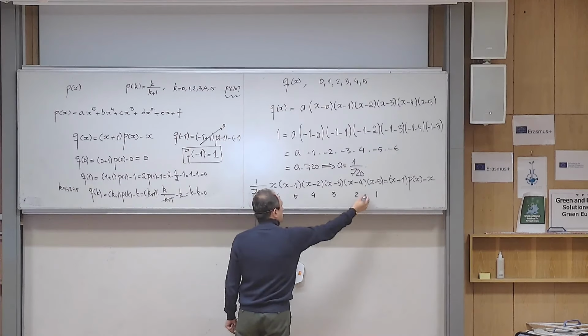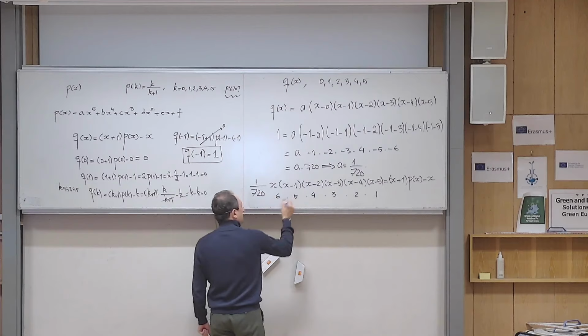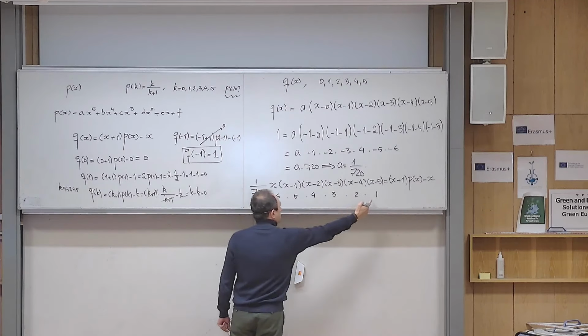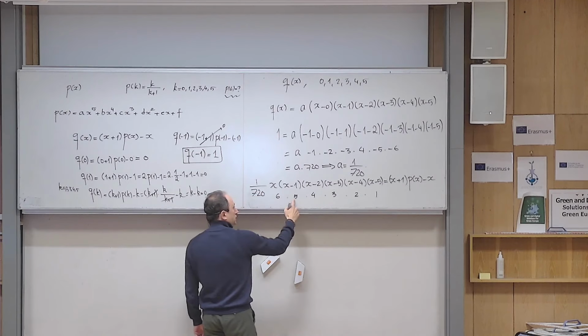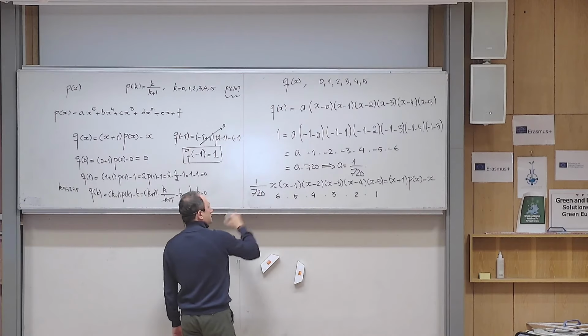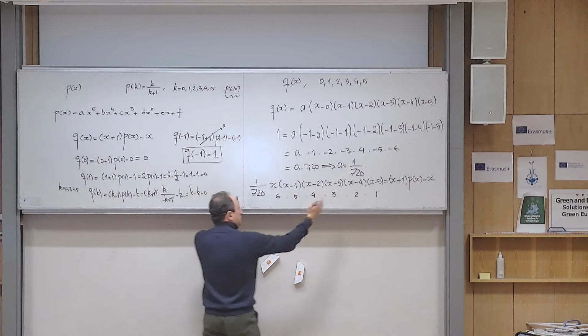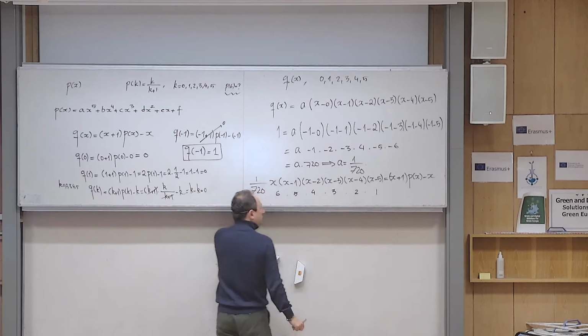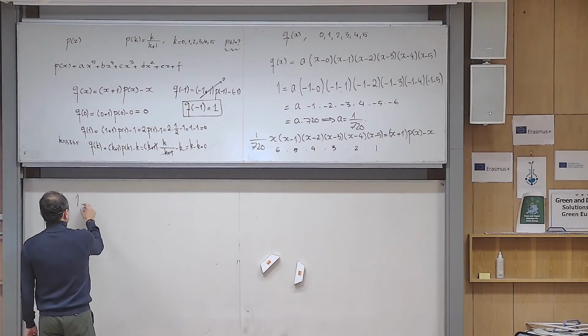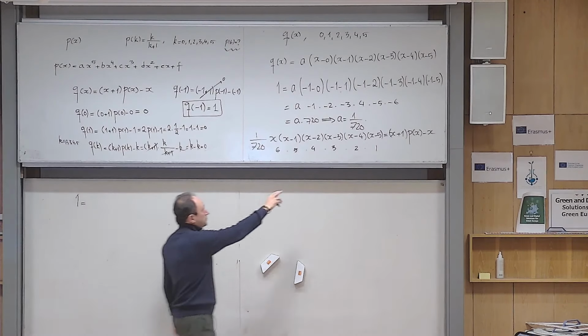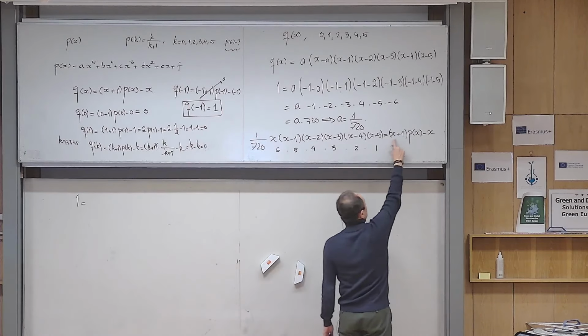So I have to multiply these numbers. 2 times 3 is 6, times 4 is 24, times 5 is 120, times 6 is 720, and I have 1 over 720. So the left-hand side becomes exactly 1. But on the right-hand side, x should also be replaced with 6 everywhere. So this becomes 7.